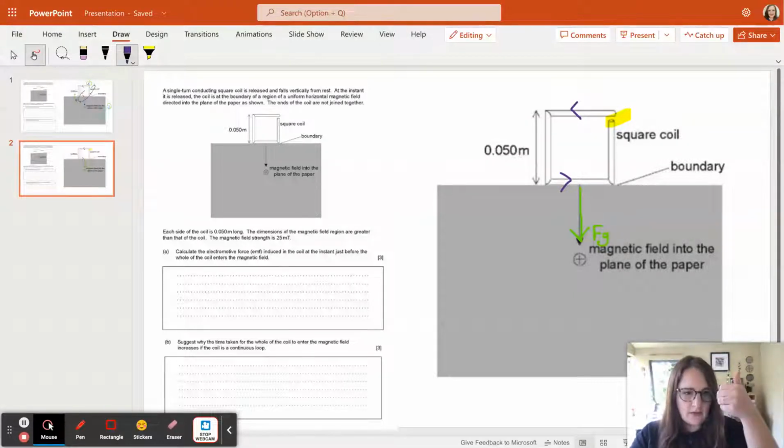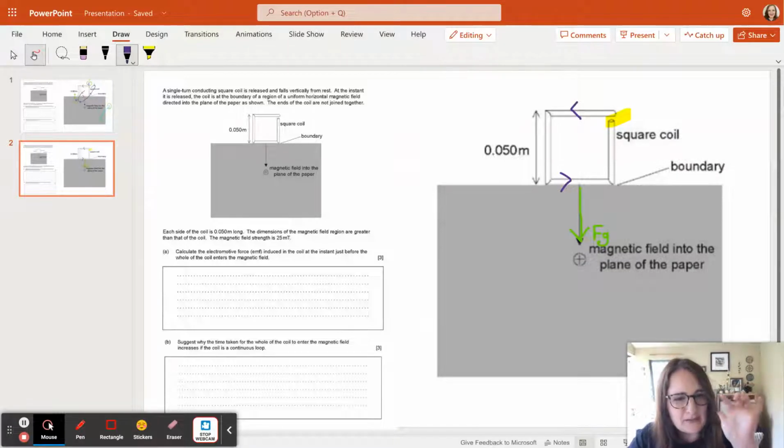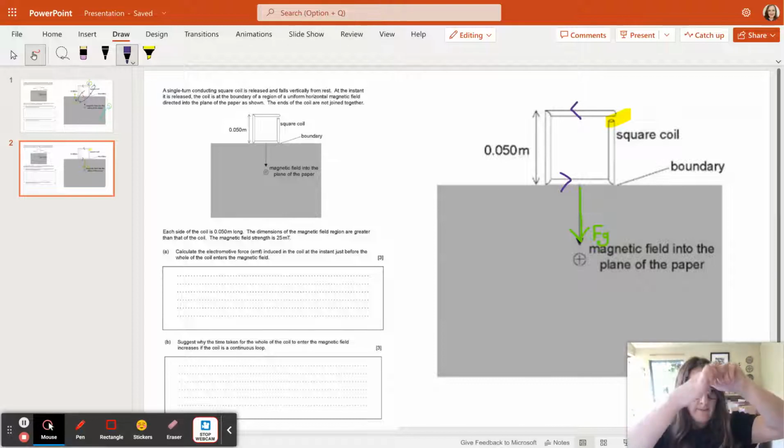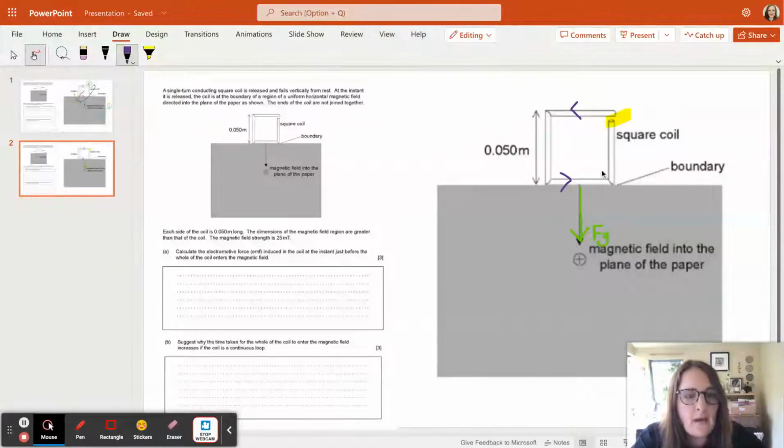We can now use our right hand grip rule again to look at the direction of the magnetic field that gets set up inside that coil. So remember, if we've got current flow going radially, we will have a magnetic field coming through the center of that coil. And if we align it with the coil current direction that I've just put on the picture there, we know then that the field is coming out. The north pole is our thumb and the south pole is the soft bit of our hand.